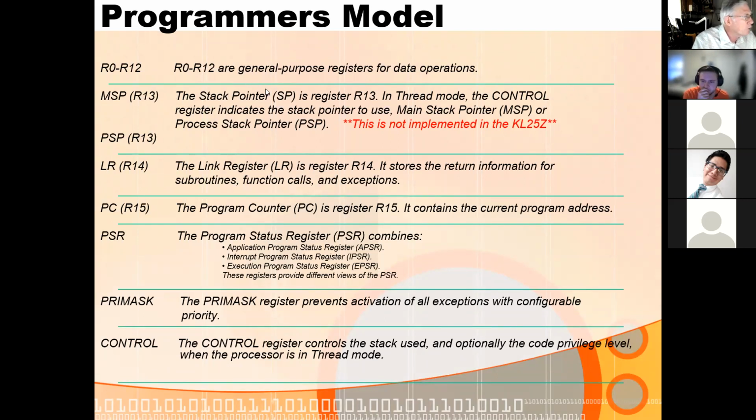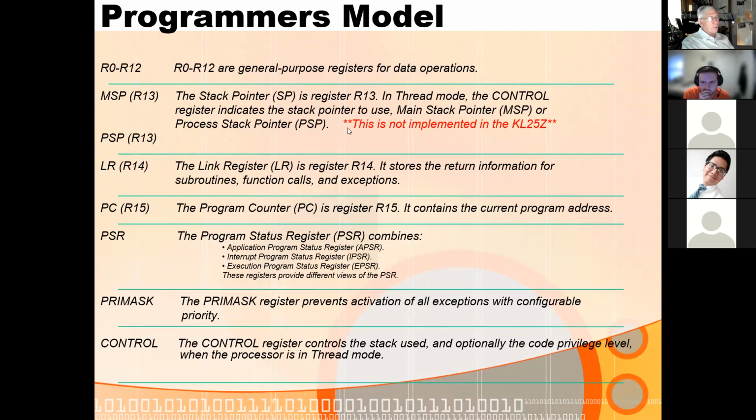The way the M0 plus core is set up, there are 2 different stack pointers available. One would be for a supervisory, like the operating system, and one would be for the applications. They're called the main stack pointer and the process stack pointer. Main stack pointer would be the OS level, and the process stack pointer would be application level.